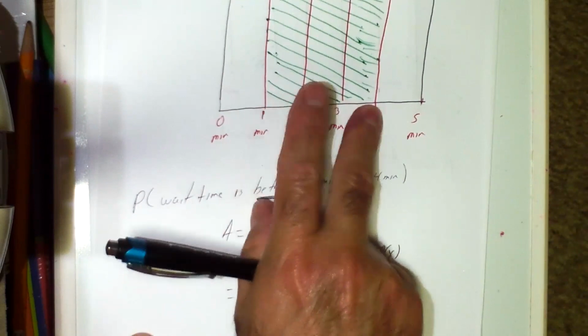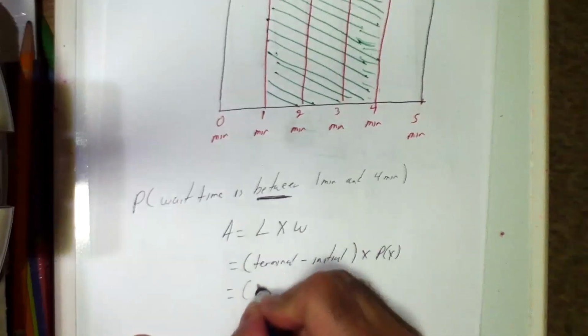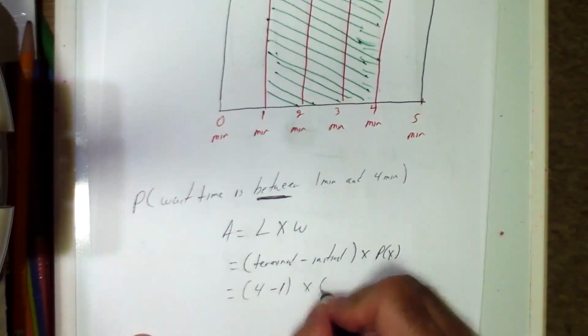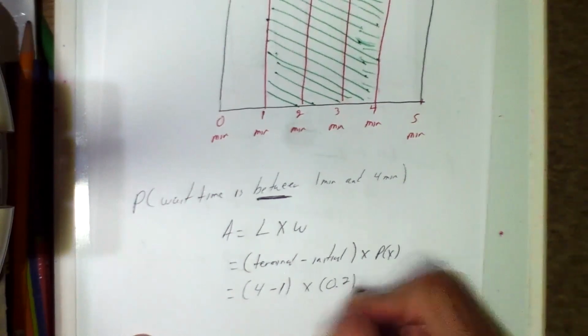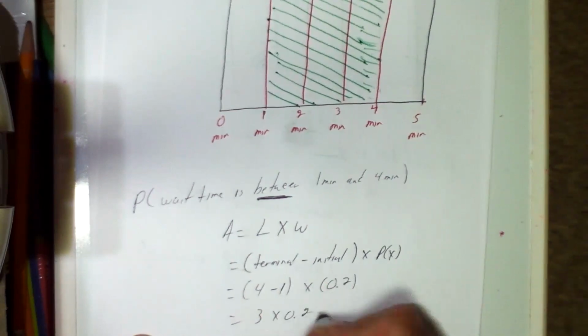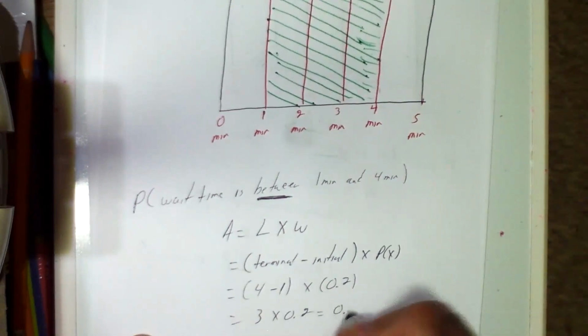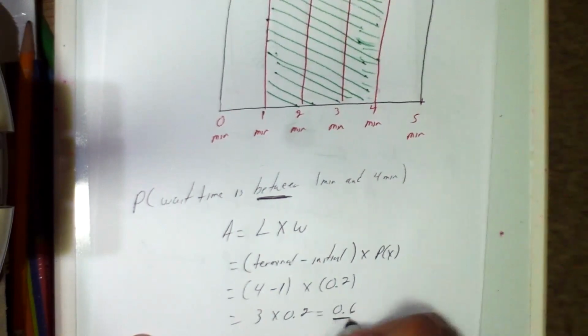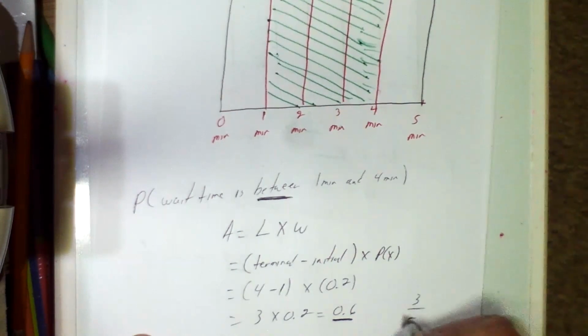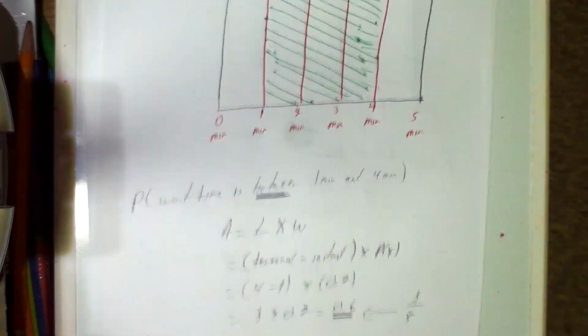So it's 4 minus 1, times 0.2. You get 3 times 0.2, which is 0.6. Again, there's 3 shaded out of 5, so you can see that it works.